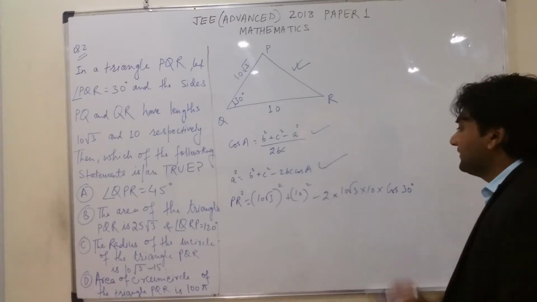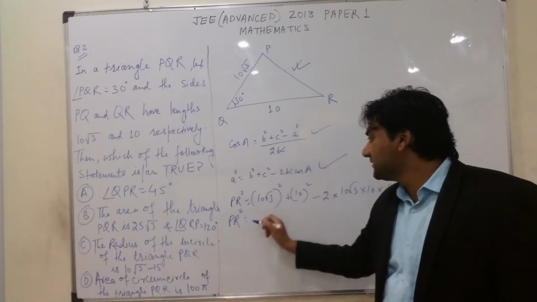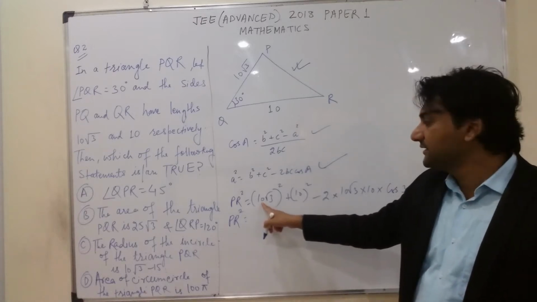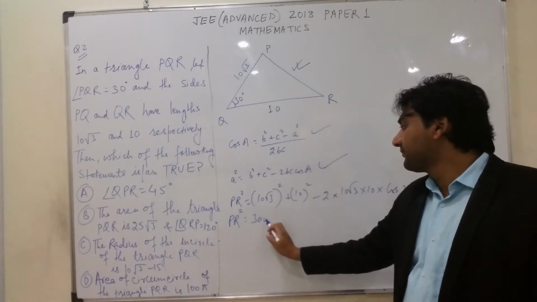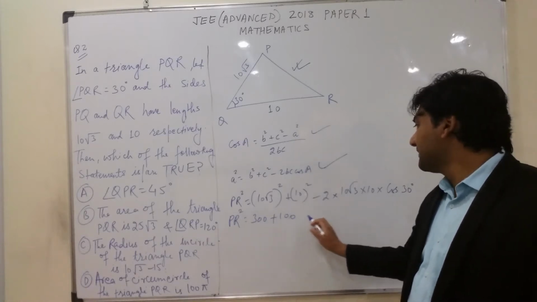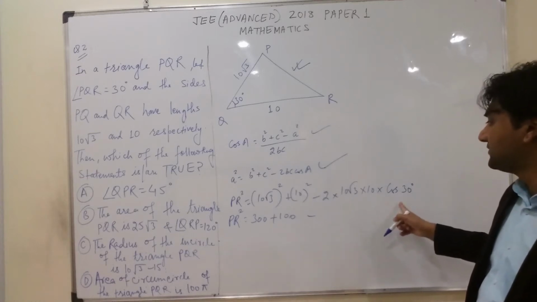Now PR square, we got 10 root 3 whole square, which is 300. Now this is 100 minus cos 30 degrees. Cos 30 degrees is root 3 over 2.